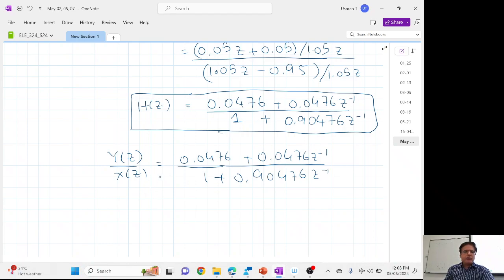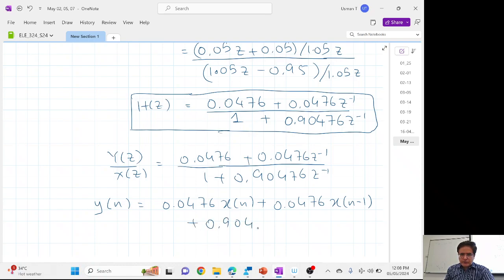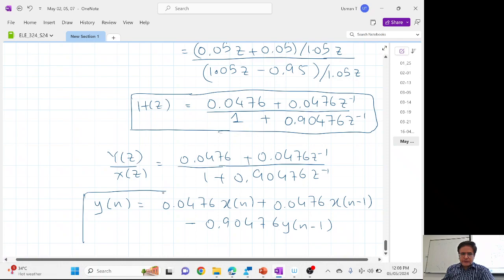I can do cross multiplication, move things around, and take the inverse. I will have y[n] equals 0.0476 x[n] plus 0.0476 x[n minus 1] minus 0.90476 y[n minus 1]. This is the corresponding difference equation representation.